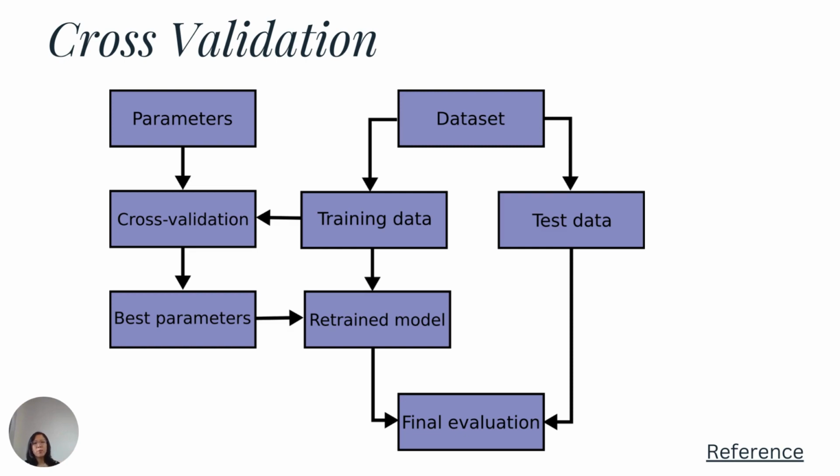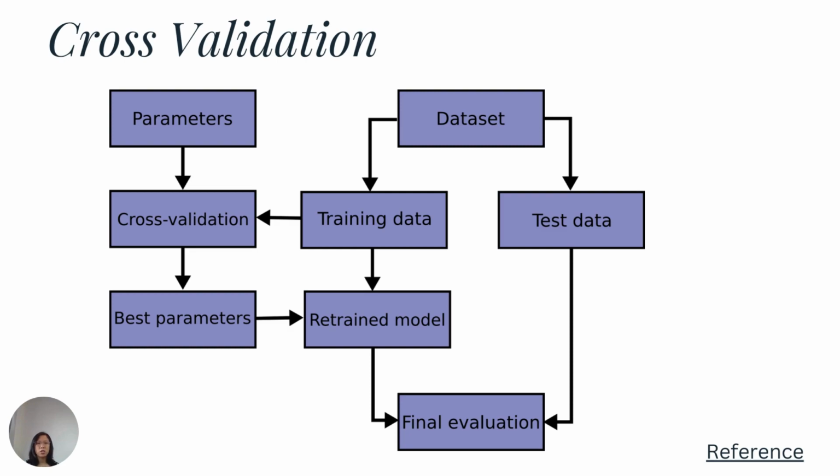And we compute the different parameters. And from this cross-validation, we extract the best parameter, and these best parameters are used to retrain the model. Okay? Then we use that testing data to do the final evaluation. If we use this approach, this is called cross-validation. If we use a cross-validation method, the performance will be more accurate to handle the unseen data.